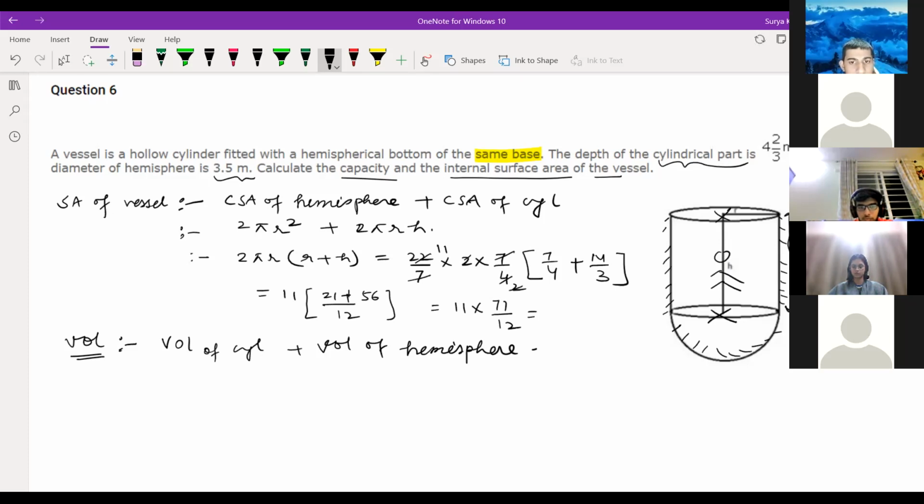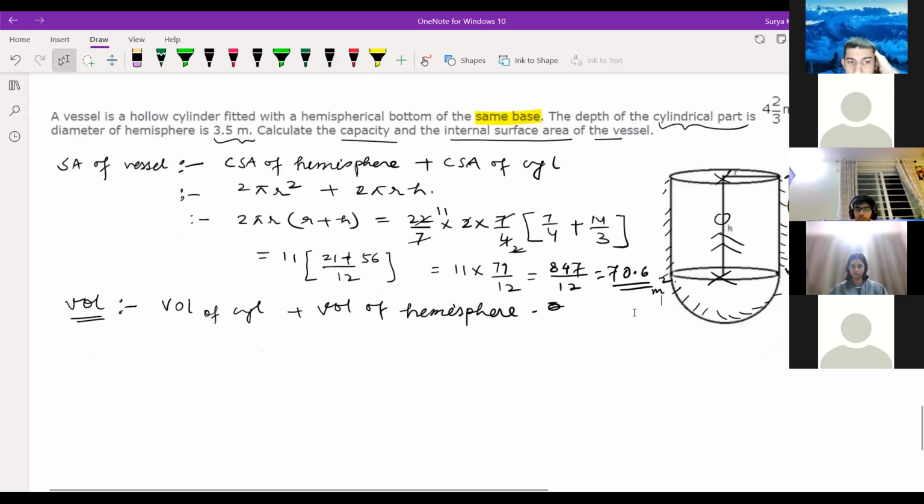The same way you have done. 77 into 11 by 12. 11 into 7 is 77, again 7 carry, 11 7s are 77 and 7, 84. So 84 by 12. If you divide this, what do you get? 7 will come, then 0.6 like this. 17.55 is coming accurately, meter square. Is it clear, Samarth?